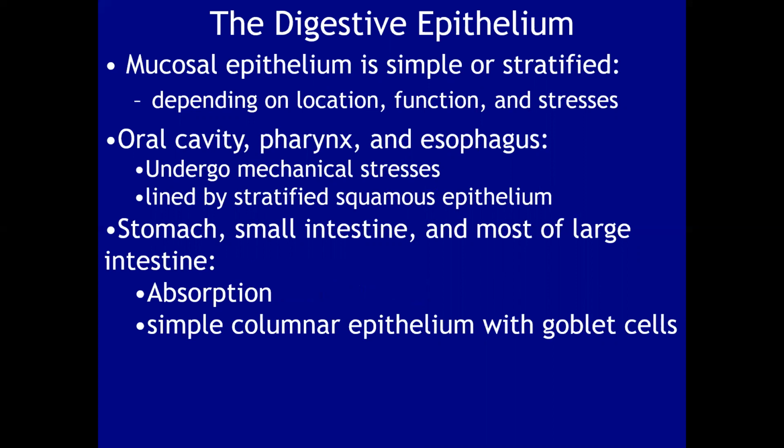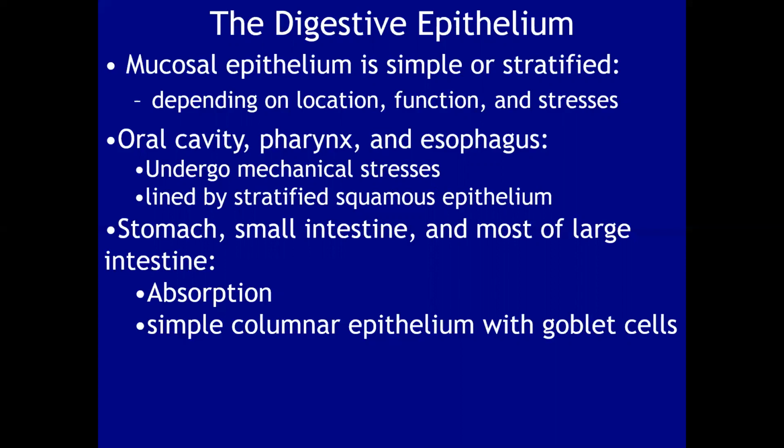So if you think about your mouth, your oral cavity, your pharynx, your esophagus, there's a lot of mechanical stress. Again, you eat things that may cause abrasions on the inside of your mouth. You eat things that are too hot.